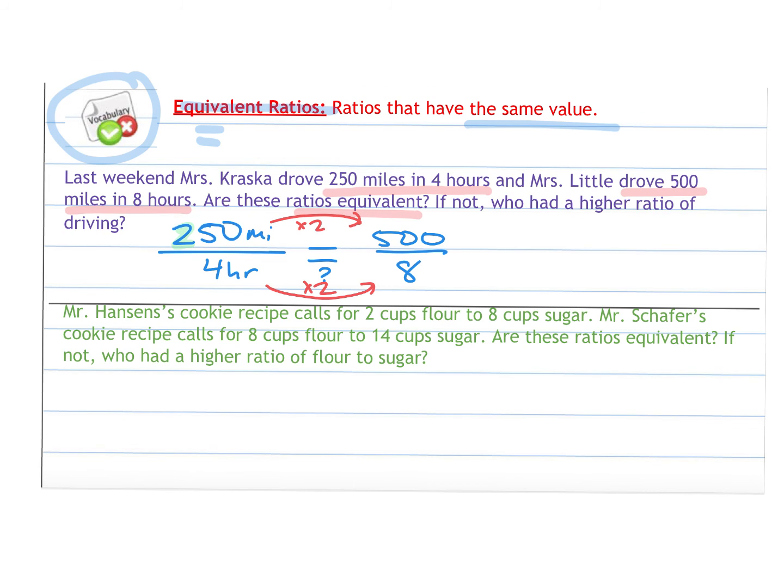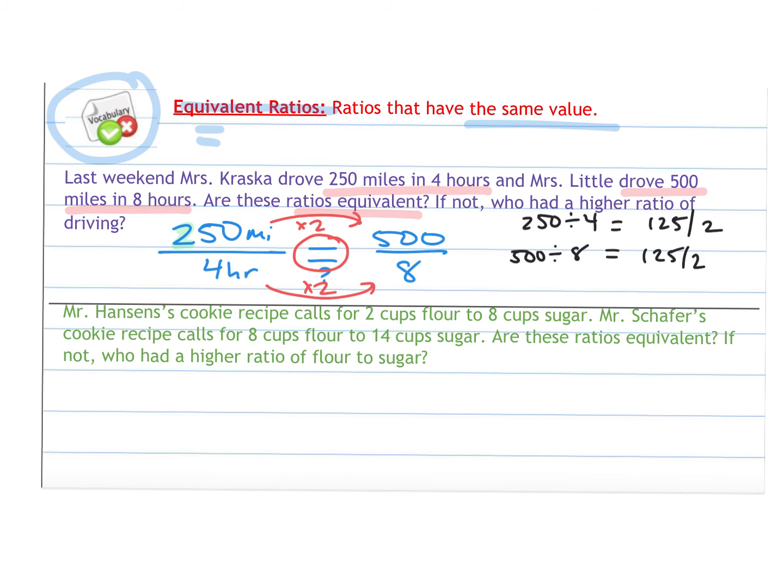So since that factor we changed them by is the same, then they are equal. Another thing you could do is simplify both of them. So I could do 250 divided by 4 and 500 divided by 8. And if they equal the same thing simplified, then they do. So I'd have 125 over 2 and 125 over 2.